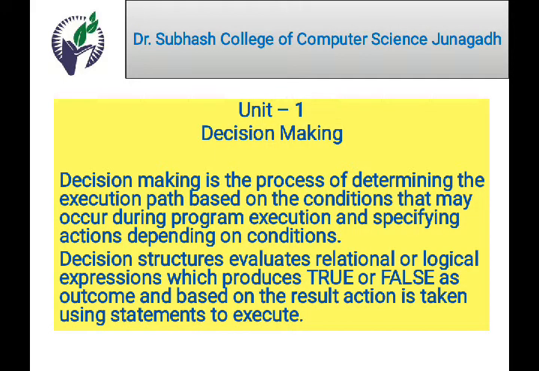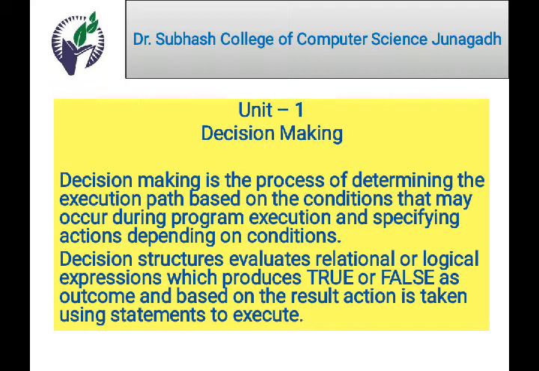Decision making is the process of determining the execution path. Means if some condition occurs, we will have to follow one path. If the condition becomes false, then we will have to follow another path, on the conditions that may occur during program execution, and specifying actions depending on the condition.